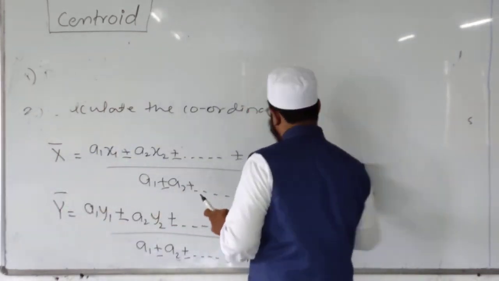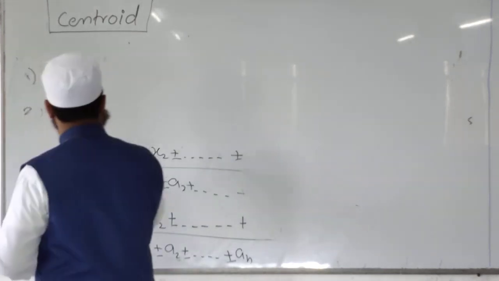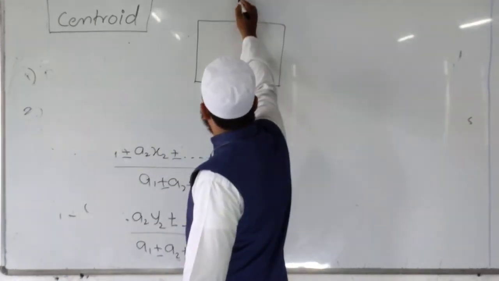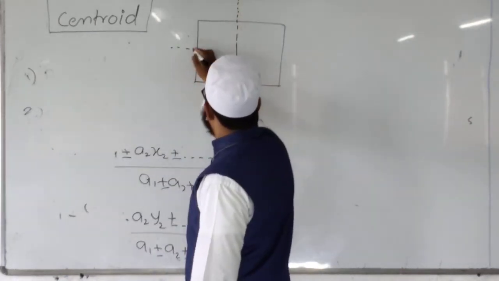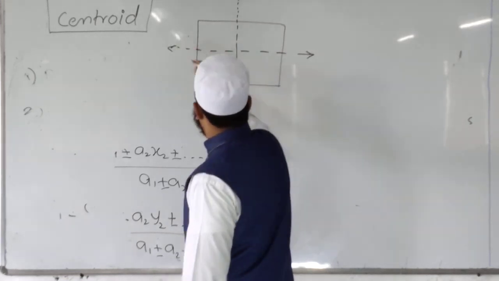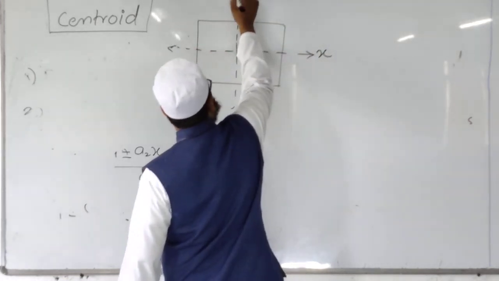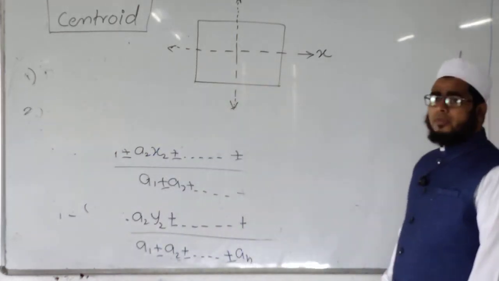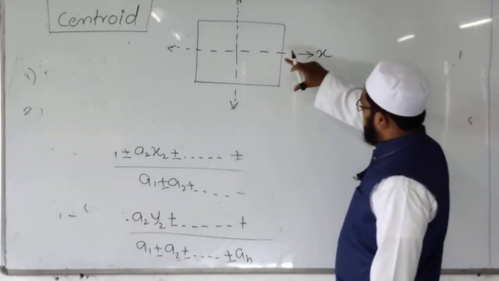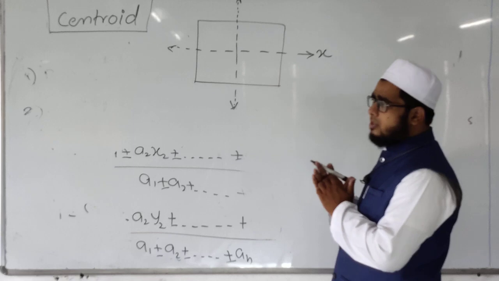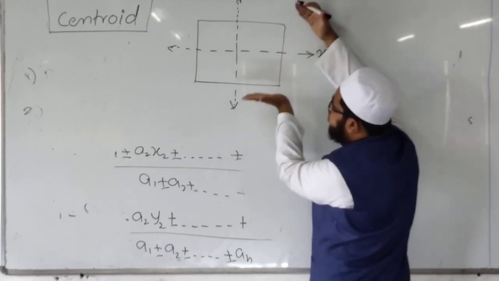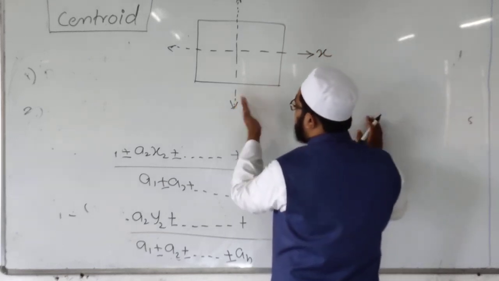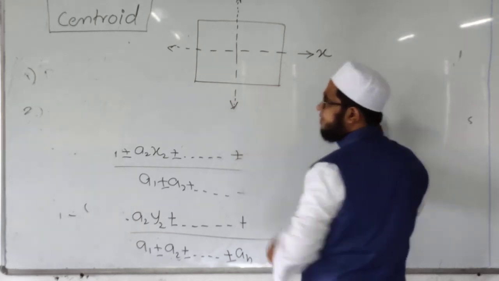Now the very important point is we have to remember the axis of symmetry. The axis of symmetry means, if this figure is given and we have to determine the centroid with reference to the axis which has a given position. In this case the axes divide the given figure into two equal parts: the x axis divides the figure into upper half and lower half, and the y axis divides the figure into left and right.